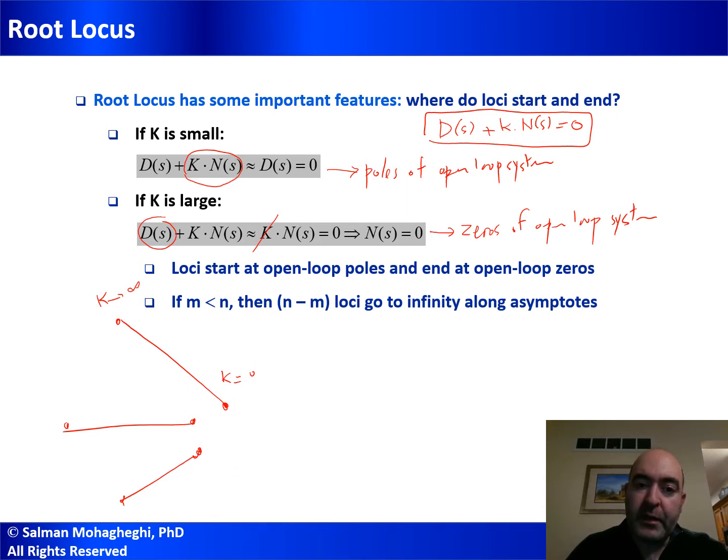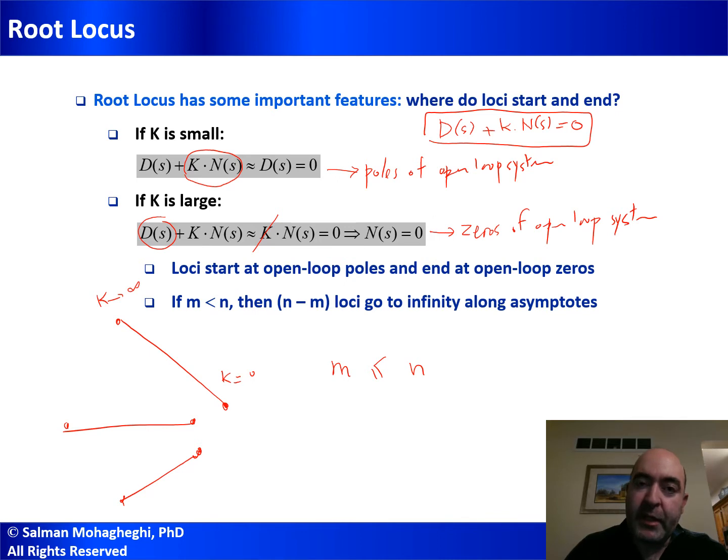Now, one thing you might ask yourself is, okay, I have m open loop zeros and I have n open loop poles. For a proper transfer function, n is going to be greater than m. So I know that each trajectory will have to start from a pole of open loop system and will have to end at a zero of the open loop system.